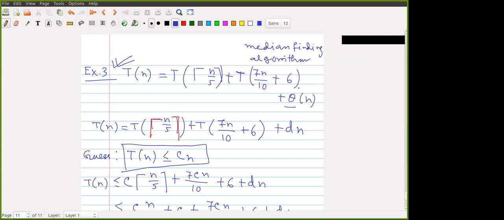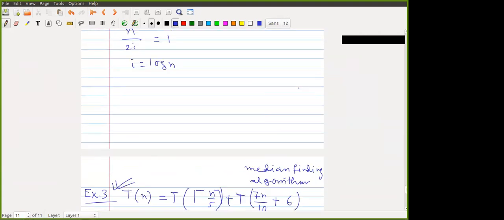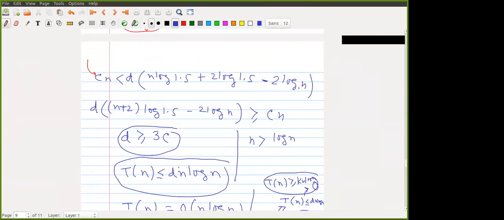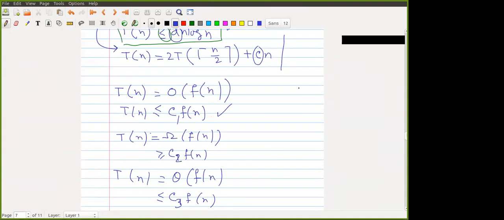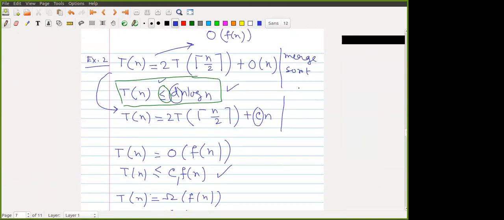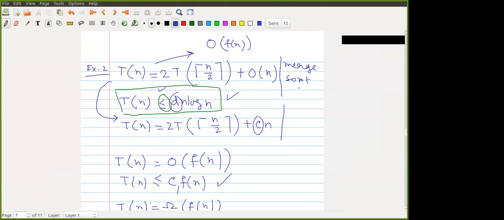So what we have seen till now is that we started with big O notation, then we saw big omega and then theta, and we saw 3 examples. We have also seen little o and little omega, and we have gone through 3 examples. One is the binary search recurrence, T(n) = T(n/2) + 1. The second is the merge sort recurrence relation, T(n) = 2T(ceiling of n/2) + O(n), and it turns out that this is n log n.